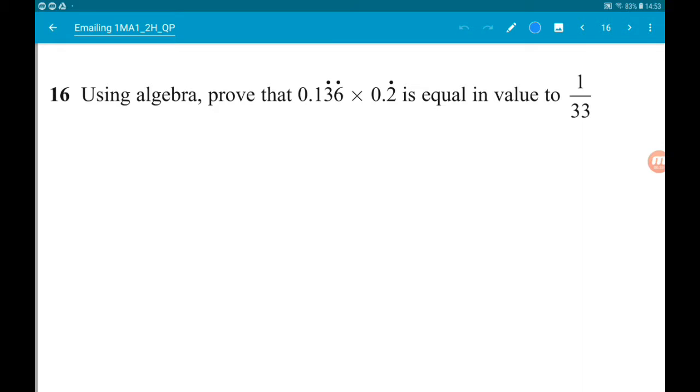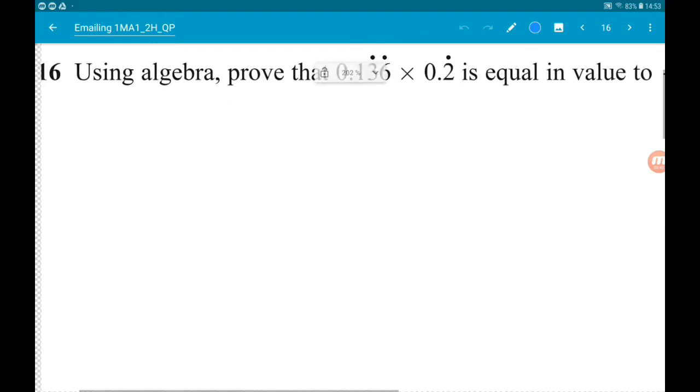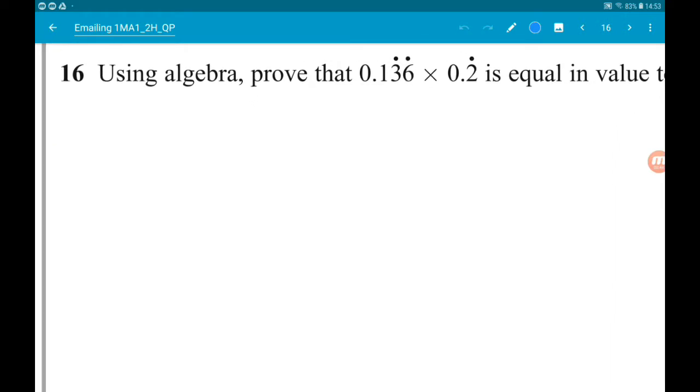So let's start with 0.136 recurring. So what we're going to do is we're going to say that x is equal to 0.136 recurring. So that number means 0.1363636 forever.